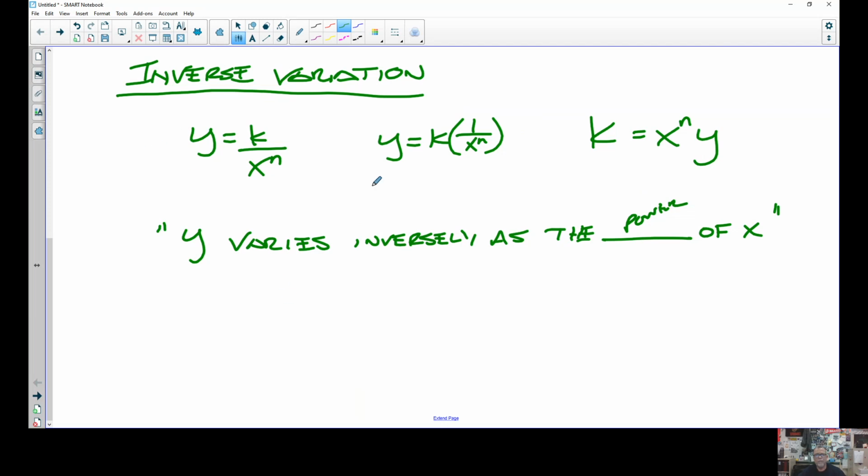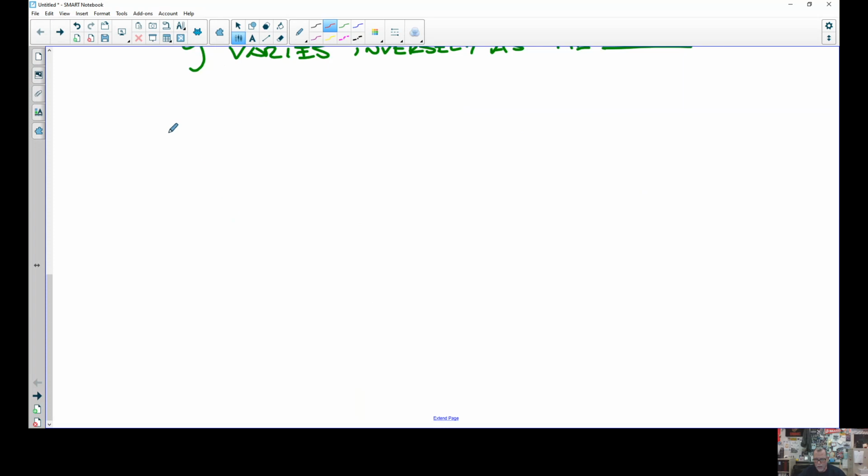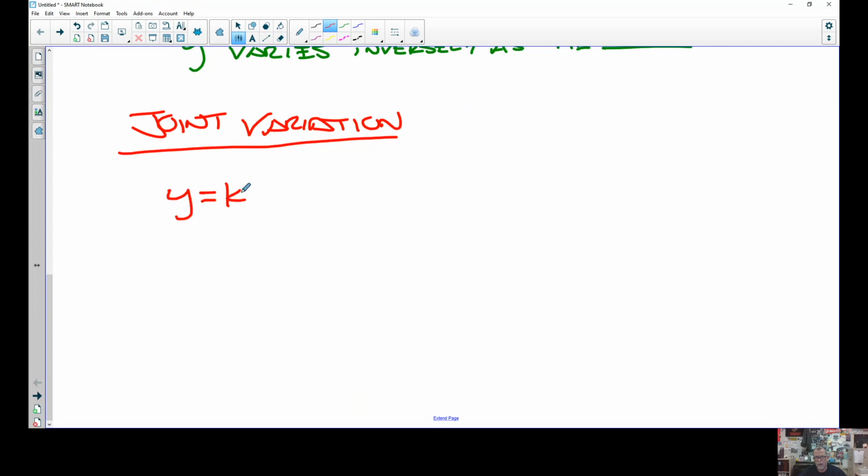Finally, we have one left, and that is a joint variation. And joint variation is a little more freeform because it's using more than one variable. The basic form of a joint variation is going to be y equals k, again, the variation constant, times x to the n, z to the n.